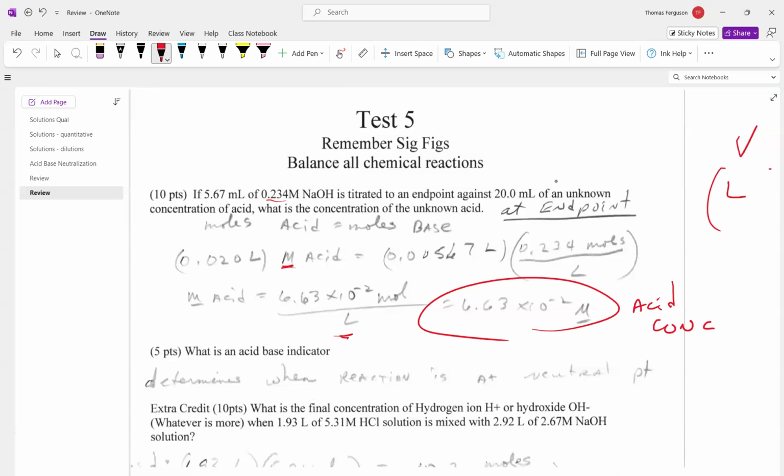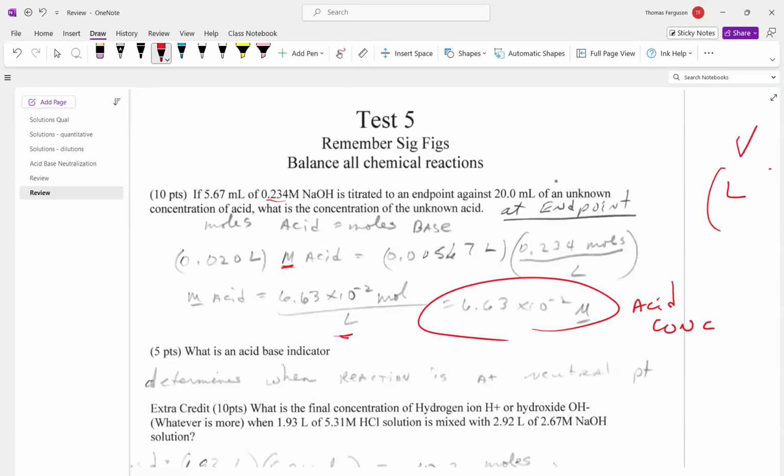Moles on what side? 0.00567 times 0.234. Yeah. Okay, and then did you divide by 0.02? Because 0.02 is on the left.